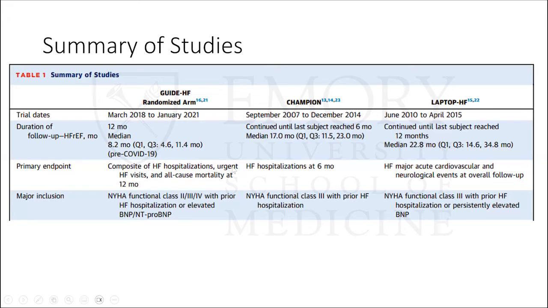The duration of follow-up for Champion and Laptop was longer than that in Guide HF. And the primary endpoints were a bit different, as well as the inclusion criteria, with both Champion and Laptop focusing solely on NYHA Class 3, but Guide HF expanding that.